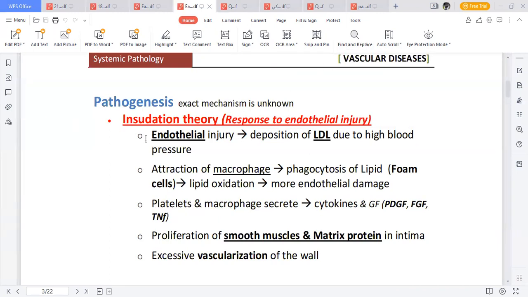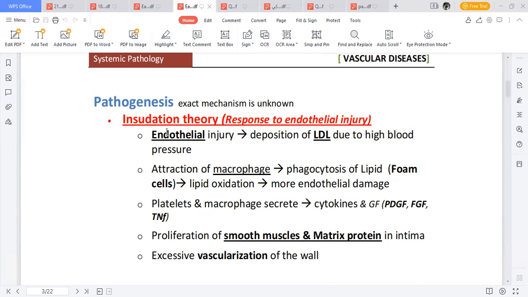The one that has been said to be the cause is the first theory here, which is called the insufflation theory, also known as response to endothelial injury. We know that whenever we injure the blood vessel or the endothelium, factors are raised that lead to thrombosis, to cover up what has been damaged.